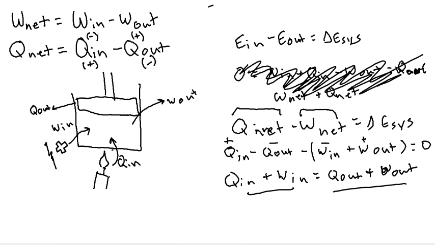The work in is typically negative. Work out is positive. So basically, if you can remember this function and this idea, then you put them together and you can extrapolate back to this. Hopefully that'll work for you, because I always forget sign conventions if I don't have an actual function to look at.